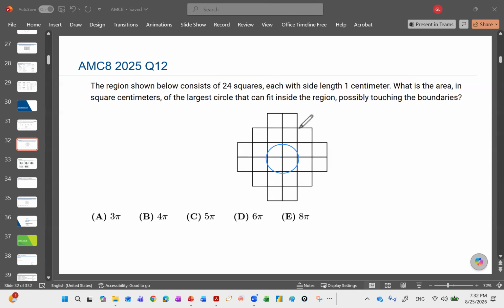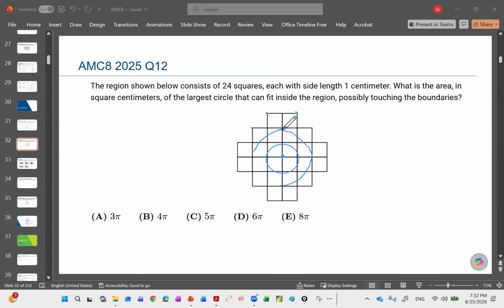So this circle touches the side, this is the edge, this is the edge. If you draw it this way, this does not look like the largest.